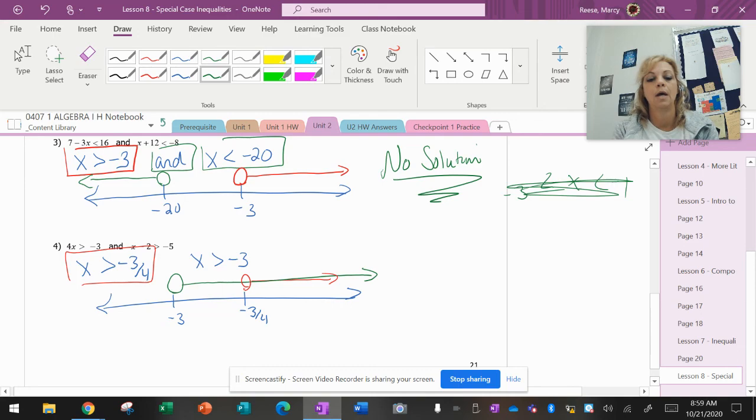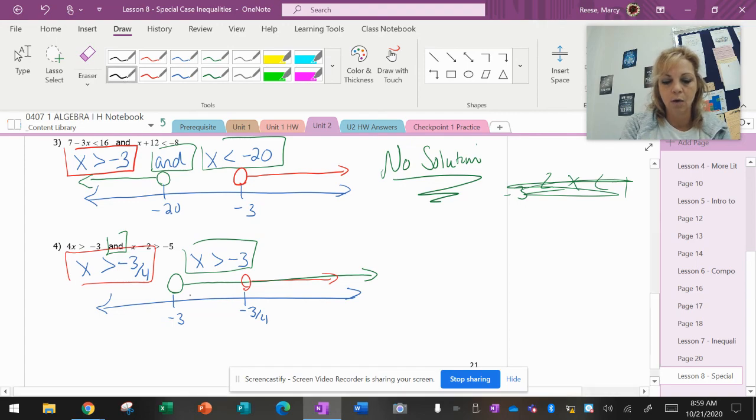Okay, so again, it's an and. I have to see where they overlap. All right, so I can tell right now, this piece right here, there is no overlap, which means that that section from -3 to -3/4 only satisfies one inequality. I have to have numbers that satisfy both inequalities. So they start to overlap right after -3/4.